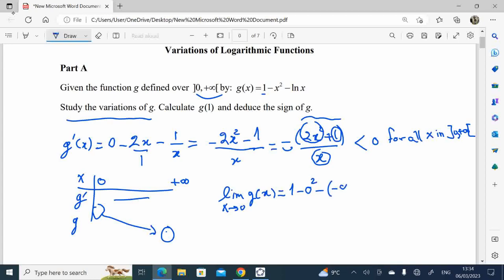So it's minus of minus infinity, so my answer will be plus infinity. Now from here we can deduce that x equals 0 is a vertical asymptote.